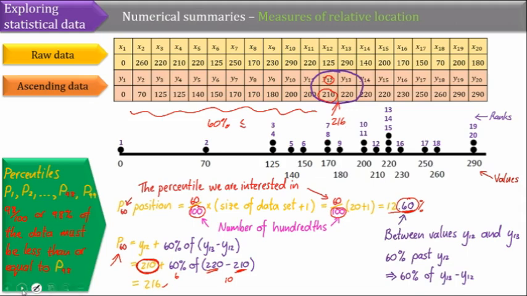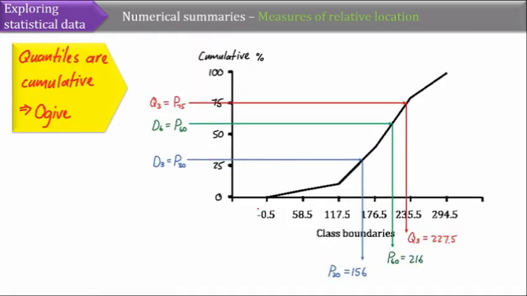Now when I started this, I mentioned the ogive, and here it is. We have the cumulative percentage on the vertical axis, and the actual values on the horizontal x-axis. If we're interested in, let's say, Q3, the third quartile, which means 75%, so it is just P75, the 75th percentile.